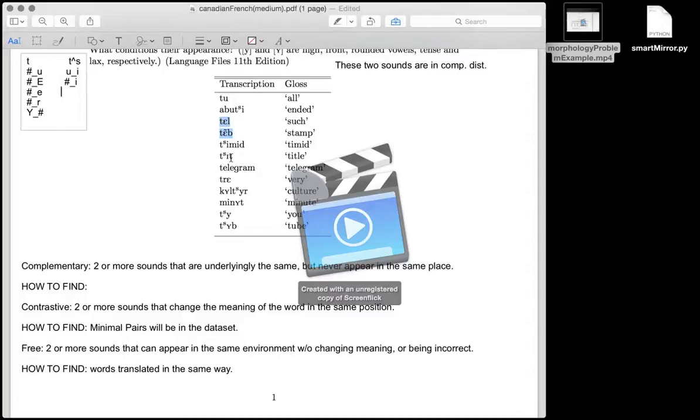Now we have the word chit, or title. So again, we have a word boundary, the T here, and then the I vowel, which I'm just going to use a capital I for. And we have culture. Here, the sound before it is an L. Then we have where the cha is.